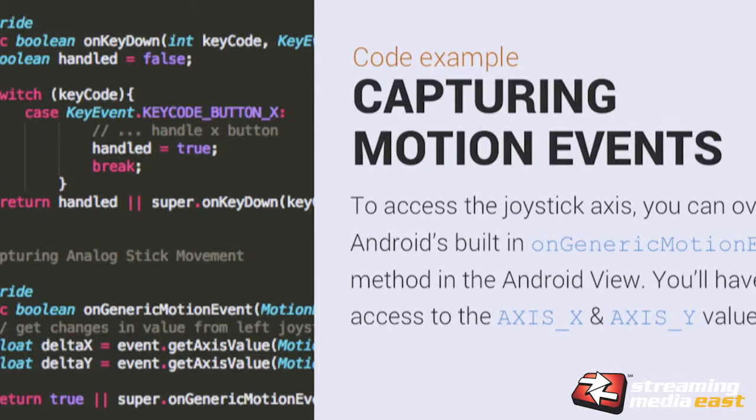You may already be doing some of that for touch events in your existing Android apps. So you're basically taking what you had in touch and you're just looking for the on key down event. Now, if a customer is using a controller and you want to support those analog joysticks, you're simply going to target axis X and axis Y values off the onGenericMotion event.